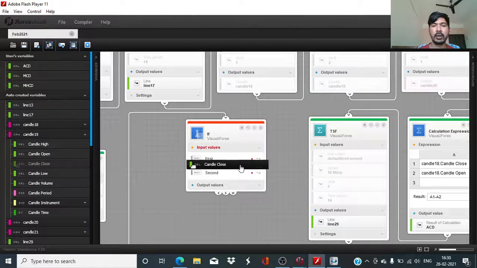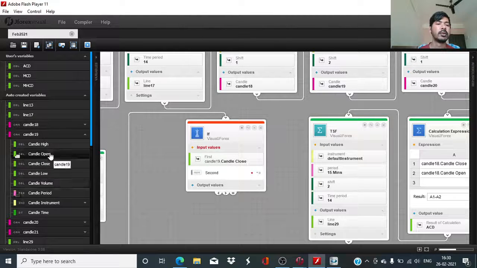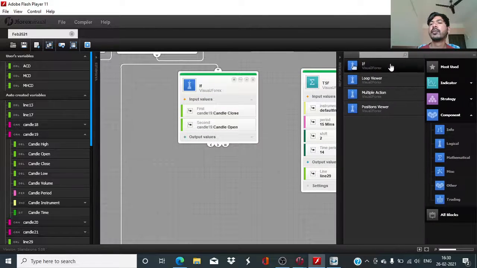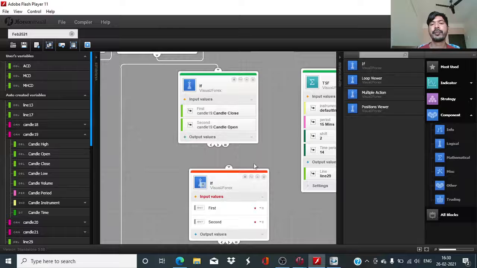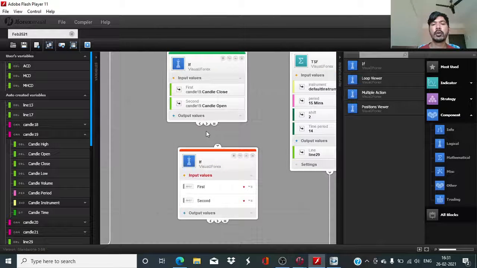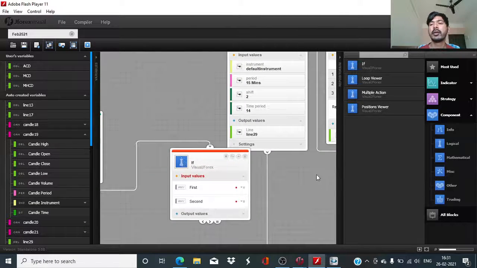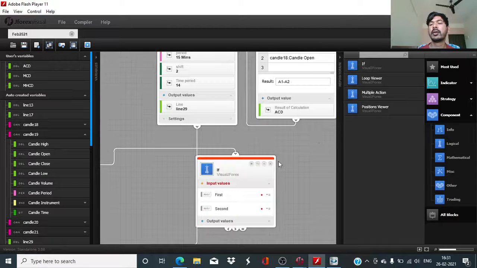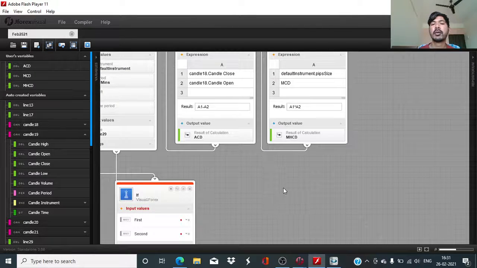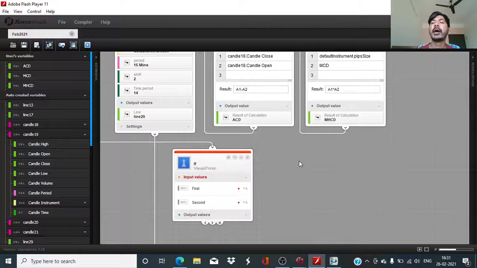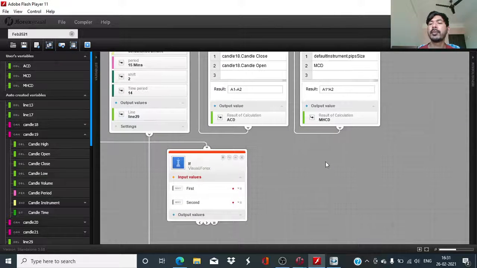So here closing value needs to be less, and then we need the candle 18's closing value to be higher than opening value by at least 3 pips.